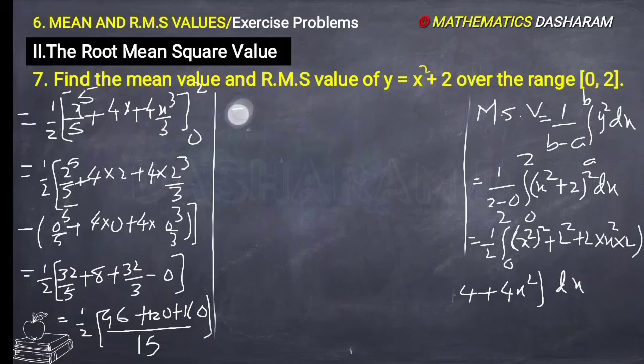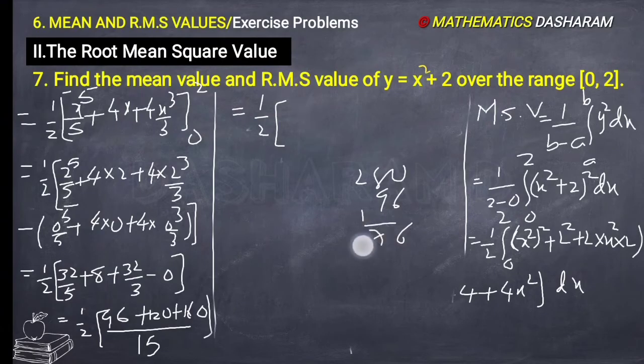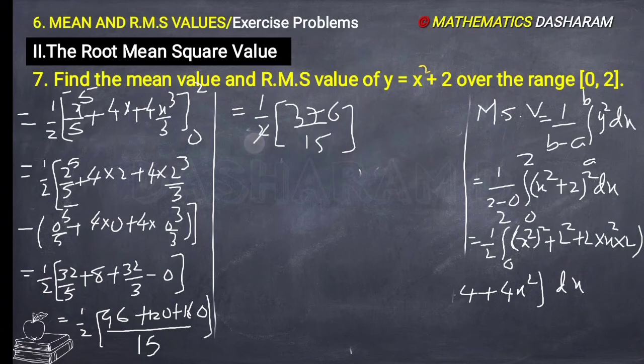So then it is equal to 1 by 2. Here 96 plus 120 plus 160. 120 plus 160 is 280, plus 96, 376 divided by 15. So here 2 ones are 2, 2 8s are 16, 2 8s are 16.